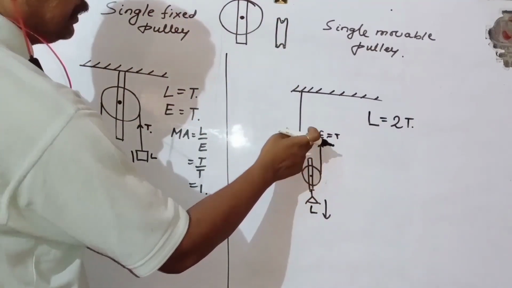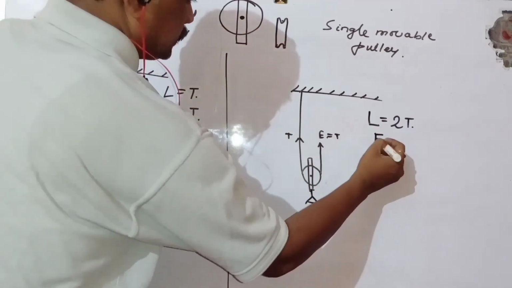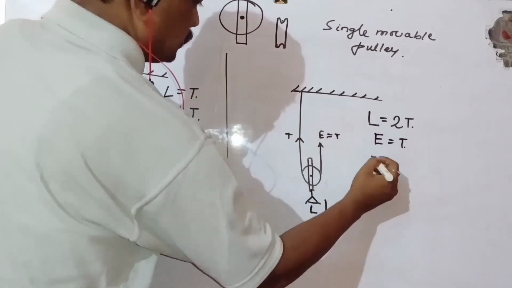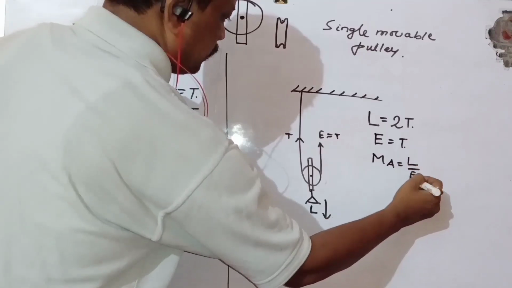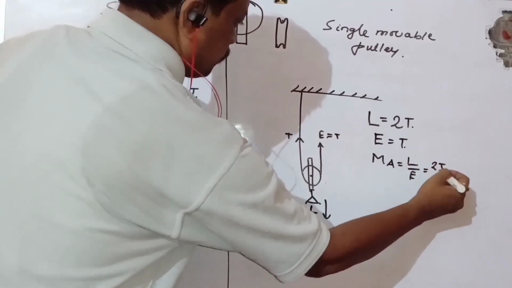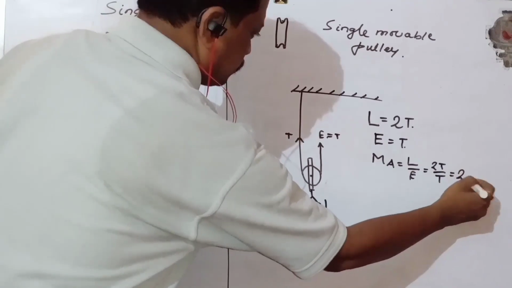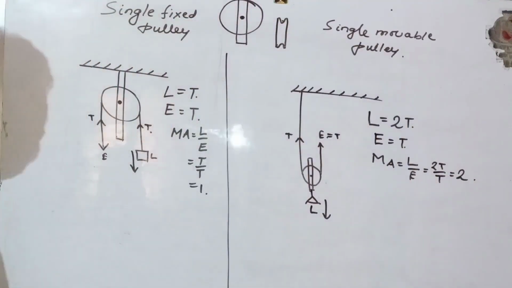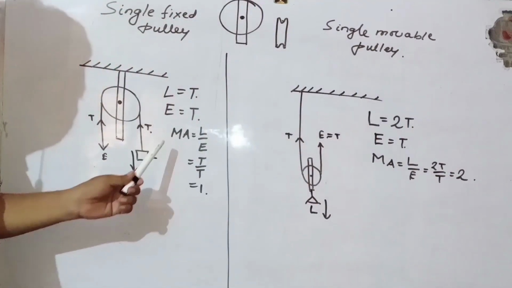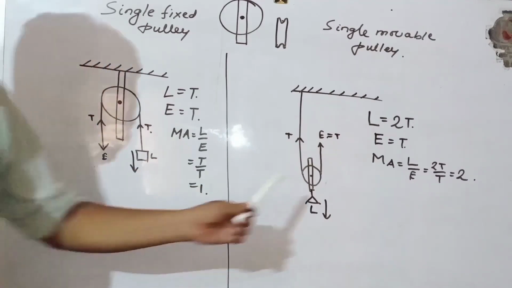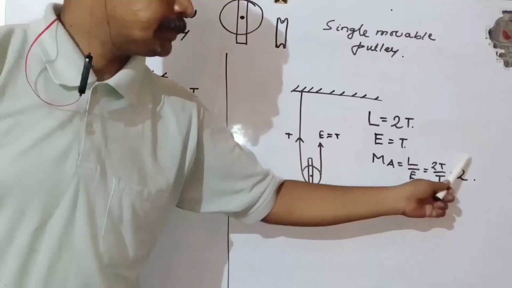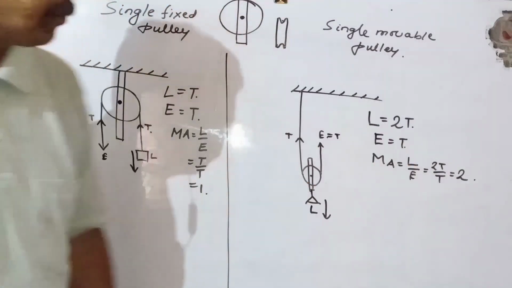But at this point you are applying effort, which is the tension T. So the mechanical advantage is load by effort, that is 2T by T, which is equal to 2. So one difference you can find is that the mechanical advantage of a single fixed pulley is 1, but the mechanical advantage of a single movable pulley is 2.